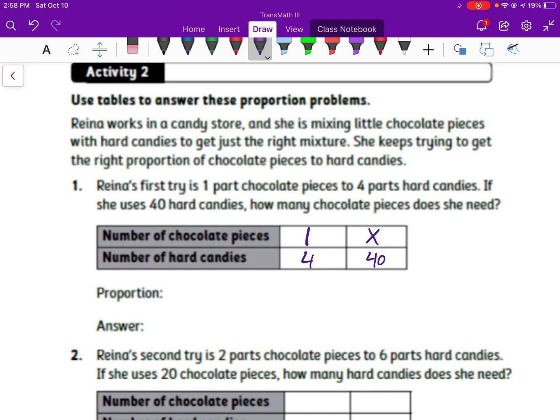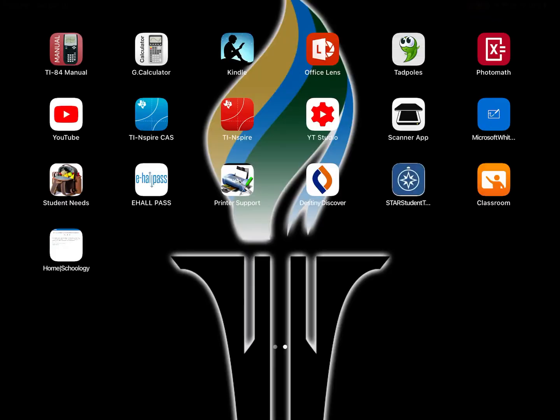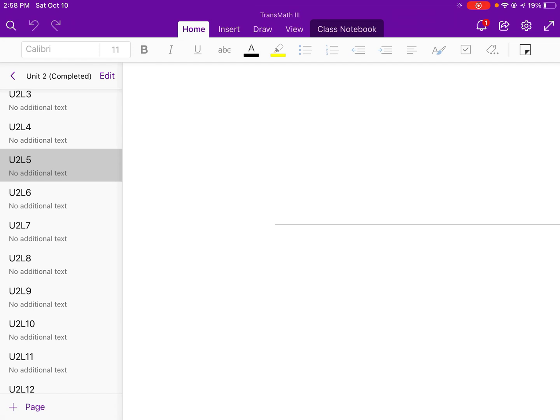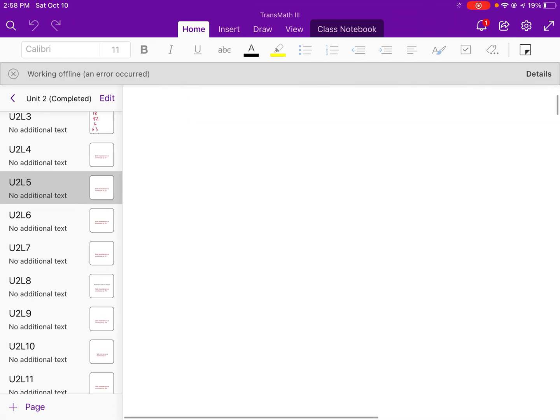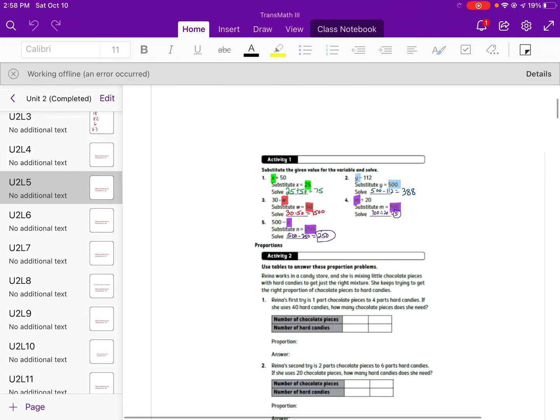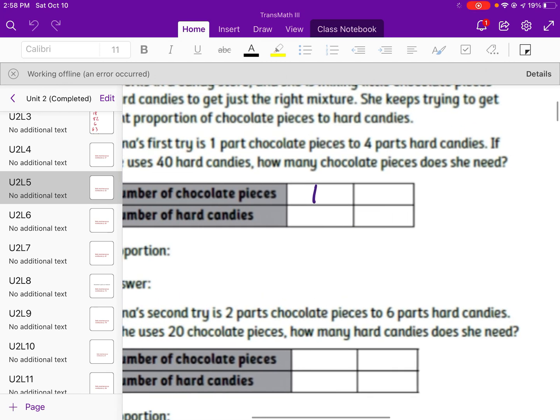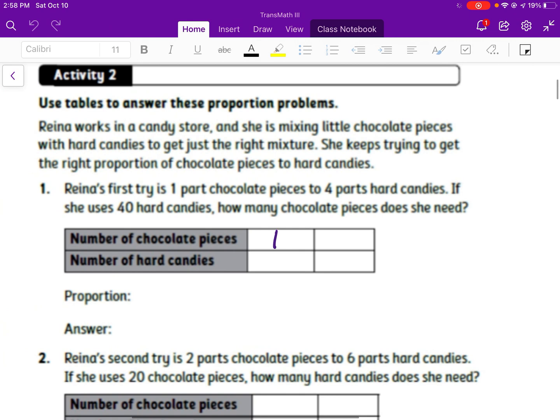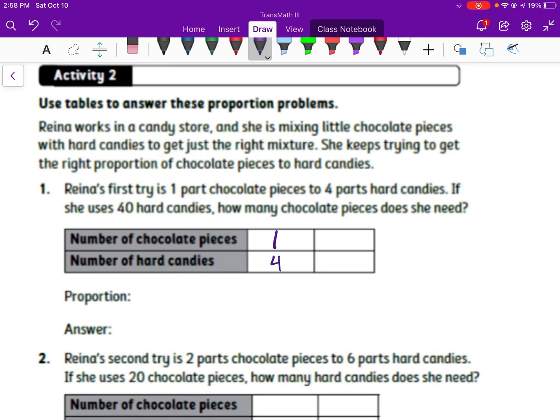We don't know how many chocolate pieces she needs, so we represent that with a variable, which we'll go ahead and use x in this case. From there, we had 1 and 4, and then 40 and x.